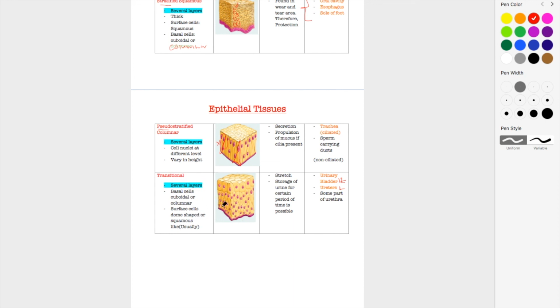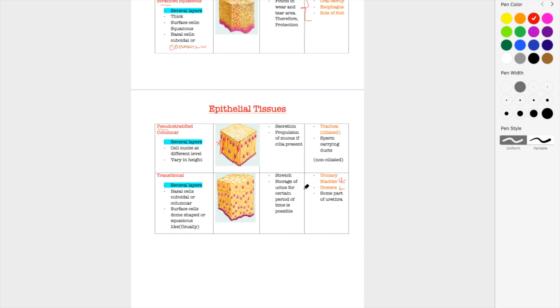The cells composing this type of tissue may have different shapes, and their main function is stretch and the storage of urine. That's why they are present in the urinary system, like the urinary bladder and ureters.